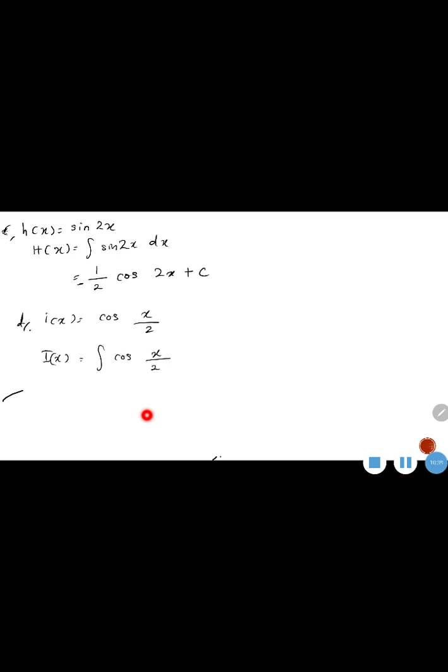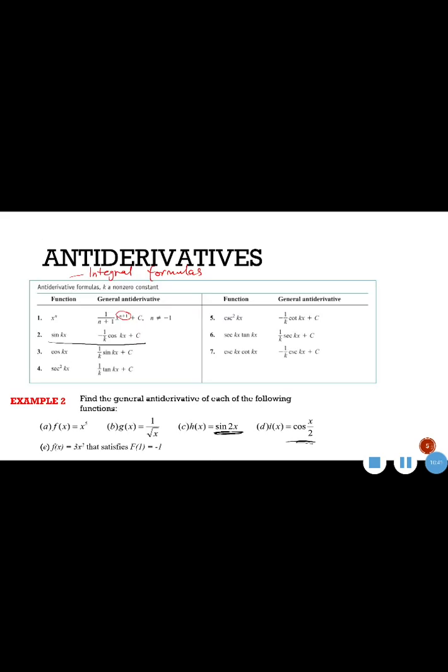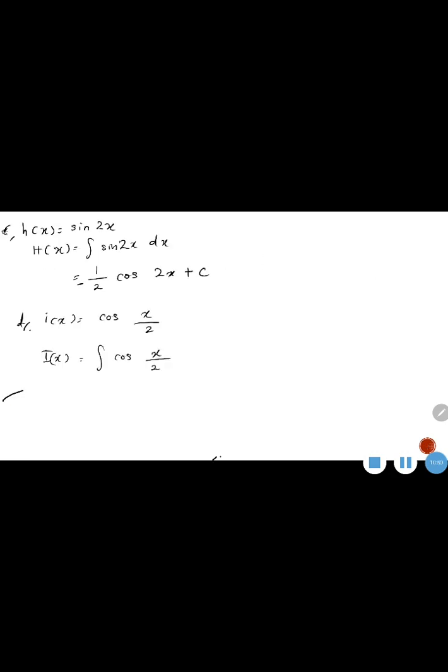Okay, let's look back at the table. So cos kx, when integrated, we will get 1 over k sin kx plus c. What we have here is cos half x, so k is half.